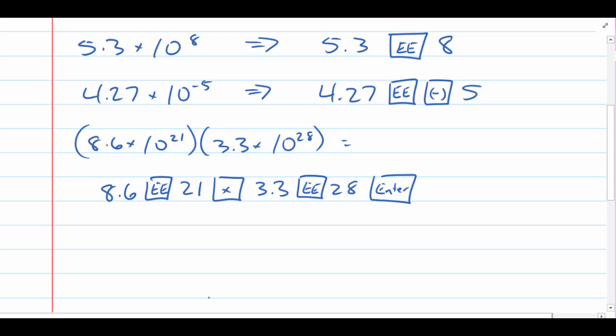Yes? When I did the second one, the 4.27, it just came up as the same thing I typed in, even the negative thing. Mine did the same thing too. Yeah, it should.